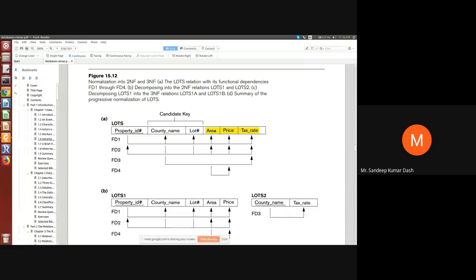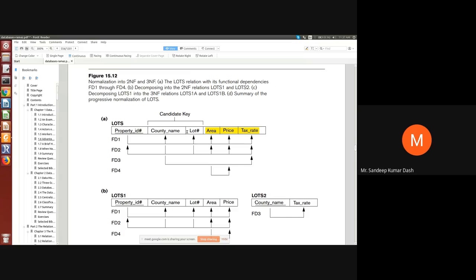You have to check the non-prime attributes. The non-prime attributes area, price, tax rate are dependent on both lot number and county name. So this is perfectly acceptable. These are full functional dependencies again. Area, price, tax rate are dependent on both the prime attributes.